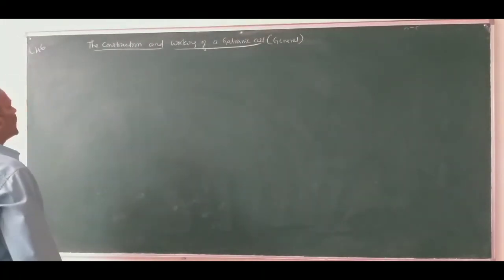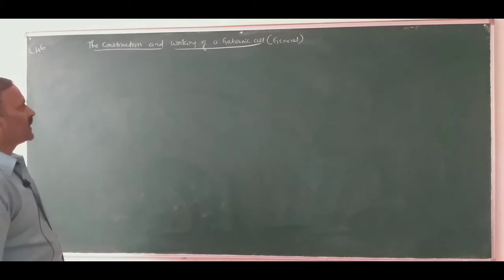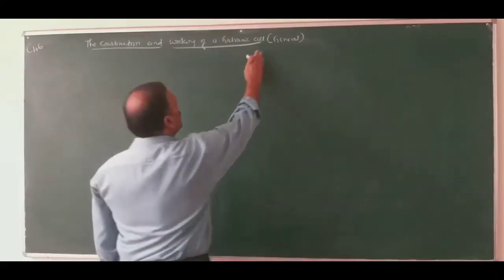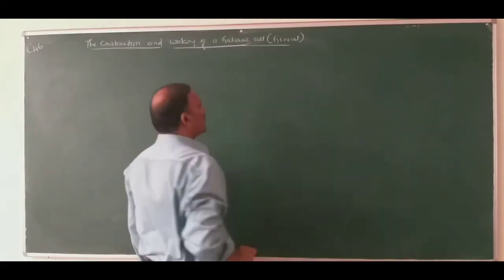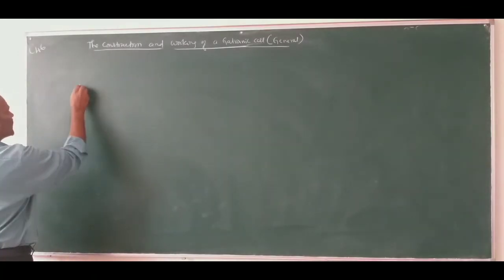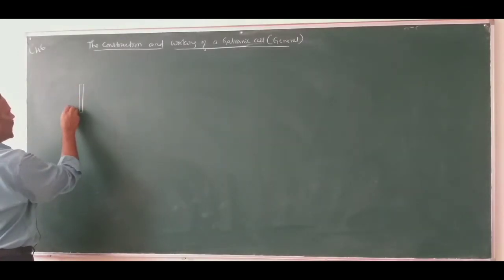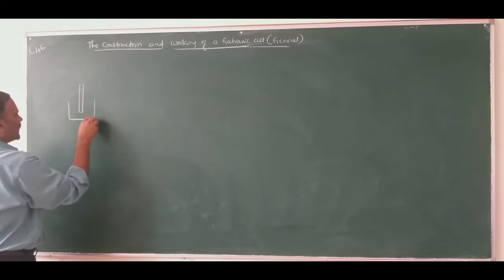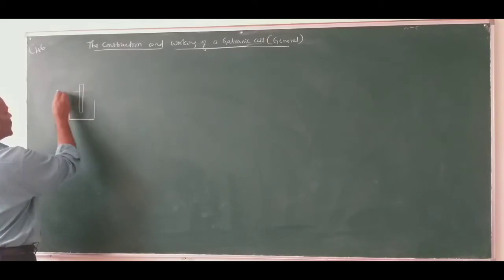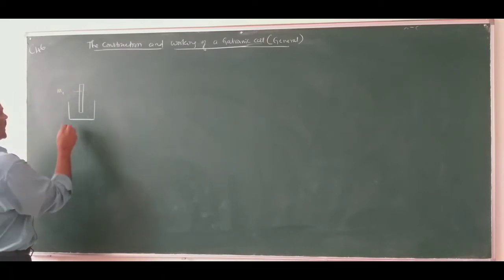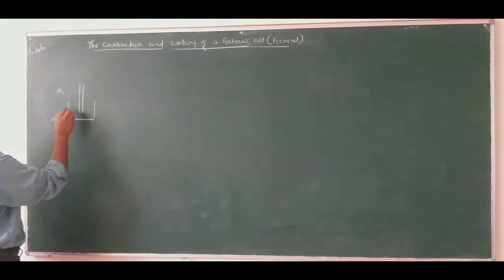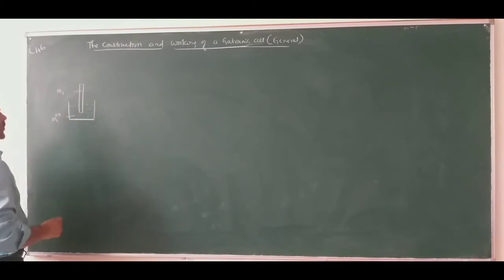How is a galvanic cell or voltaic cell formed? When two electrodes, you know what an electrode is? Suppose this is one electrode: a metal dipped in the solution of its ions. Suppose M1 is the metal, dipped in M1^n+ ions, its ions. So it forms one electrode.